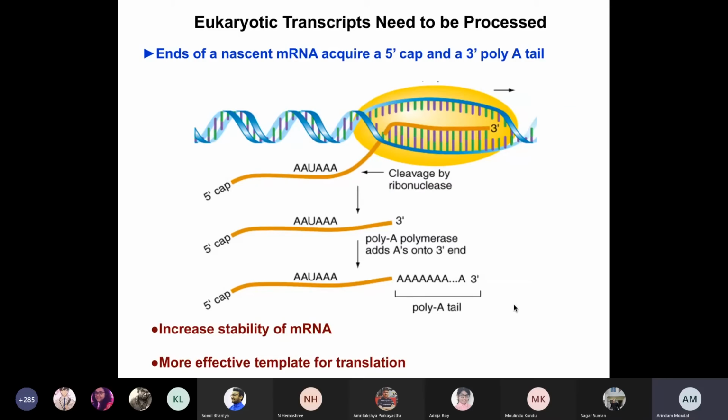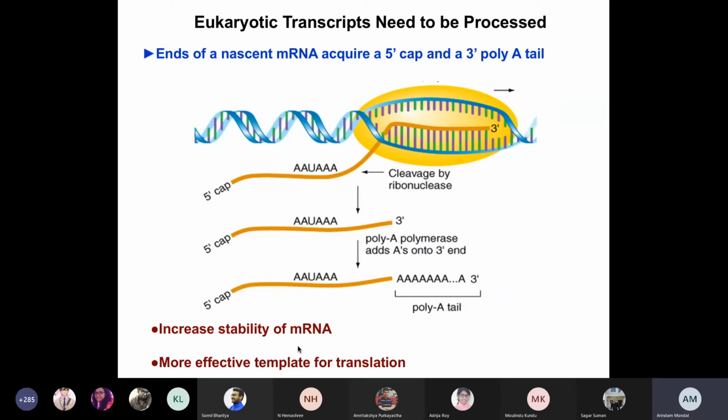Also, in the next class when we talk about translation, we will see it's the 5' cap structure which gets recognized. In the case of the eukaryotic mRNAs, it is the 5' cap structure which gets recognized by the ribosomes. Unless you have a cap structure, the ribosome will not be able to recognize those mRNAs, and hence they will not get translated. So the capping actually makes the mRNAs a more effective template for translation.